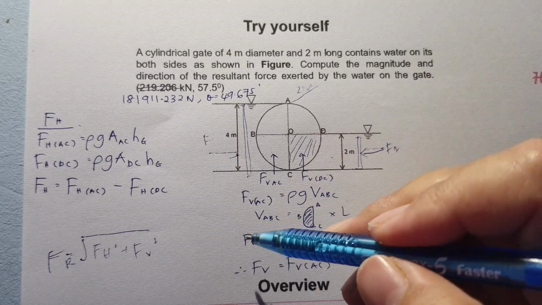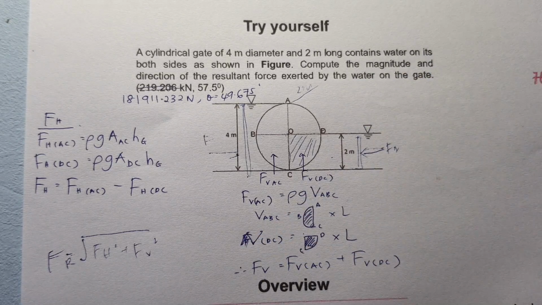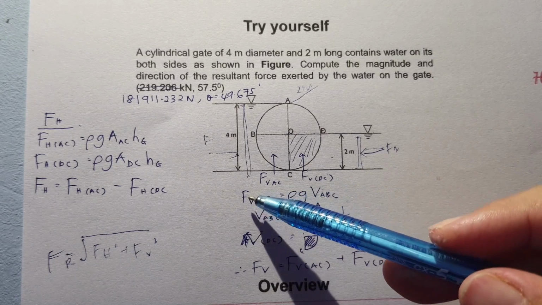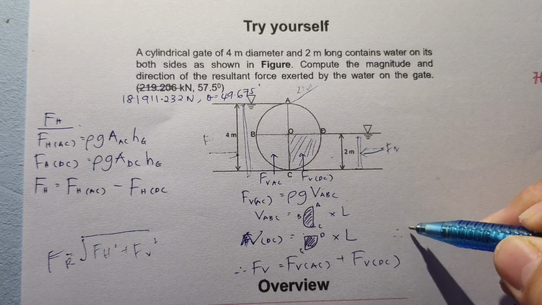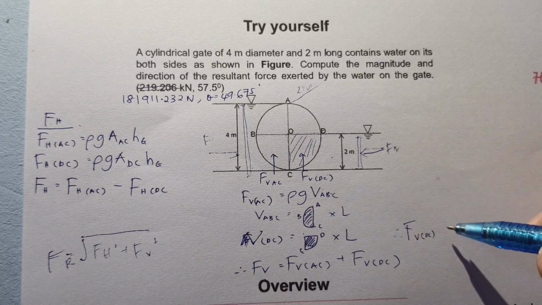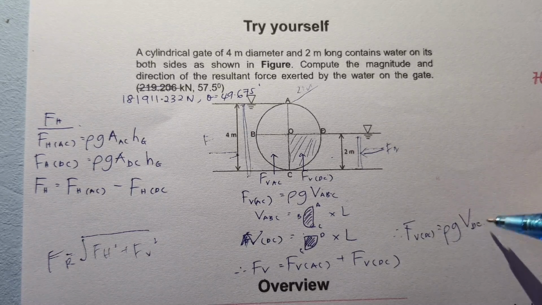This is not F, this is VDC. So how to calculate force in vertical direction for DC? Therefore force in vertical direction for DC, same here, equals rho g VDC.